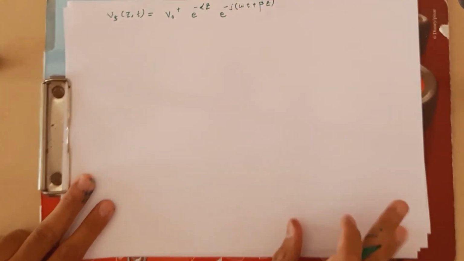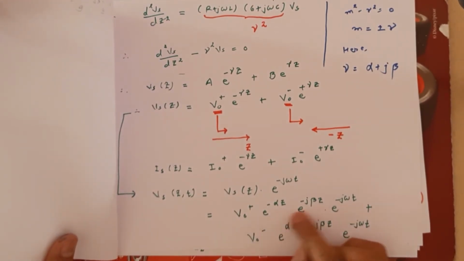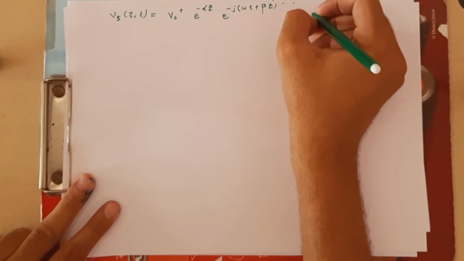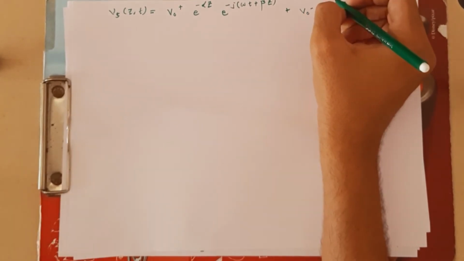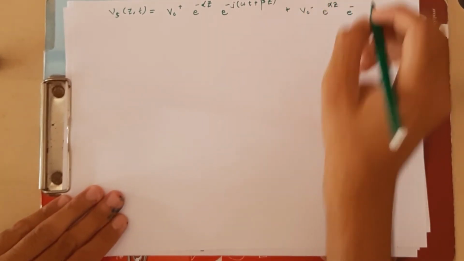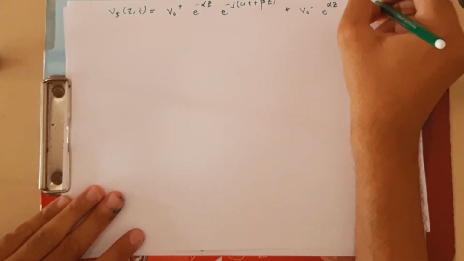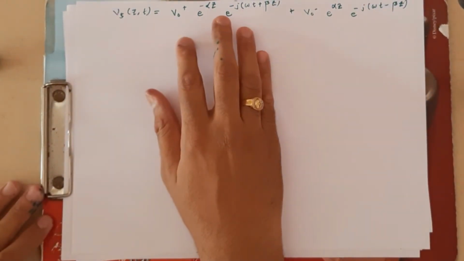Clear? Okay, it's fine. And what about this case? It is plus V0 minus e raised to alpha z, e raised to minus j omega t minus beta z. So this is the equation of voltage. Similarly, you can write the same equation for current also.